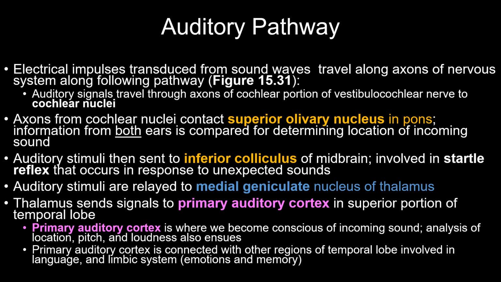And these neurons work to compare information from both ears, and this helps to determine the location of a sound. So then these auditory stimuli are sent to the inferior colliculus of the midbrain. And these stimuli are then coordinated with head and trunk movement, and this produces the startle reflex.